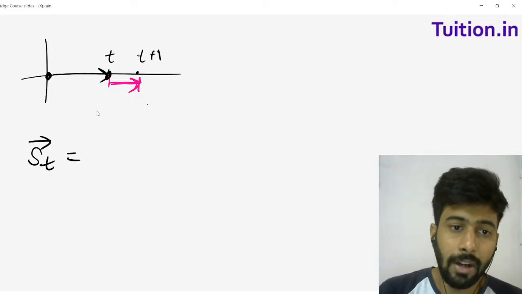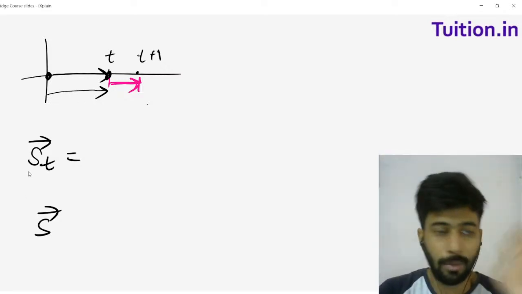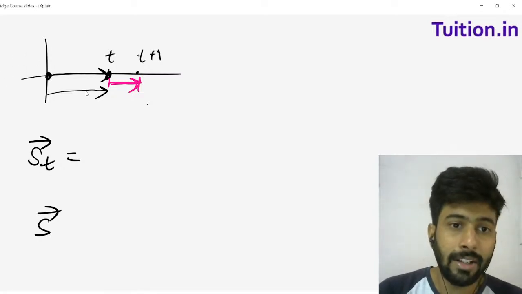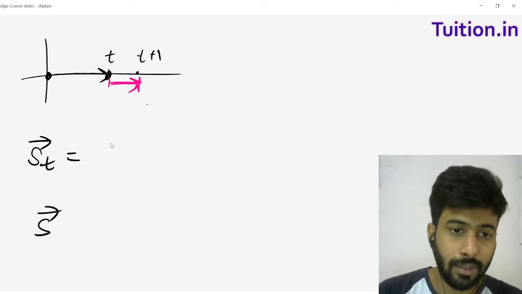And how is s_t bar different from s bar? S bar is from start, how much has the object reached from the starting position, and s_t bar is in the tth second, what is the displacement, and that is got using this formula.